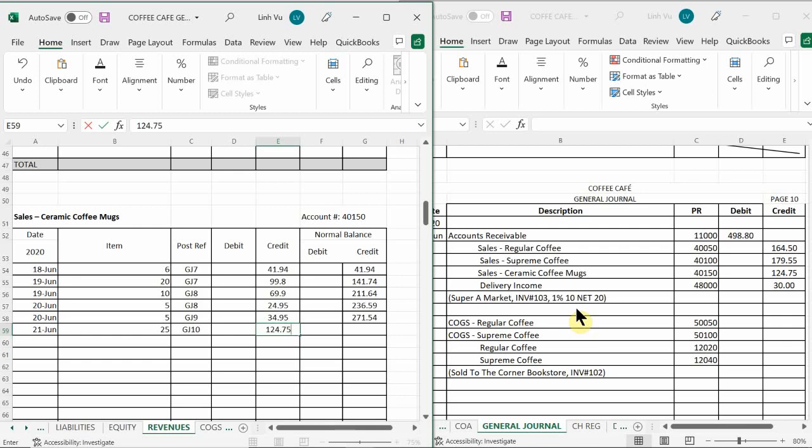Yeah, I have the numbers right here on my journal, and I'm transferring it over to my ledger. That's the process. Whatever I have in my journal, I must transfer over into my ledger. So in this case, I sold $124.75. Yes. So what's my ending balance?